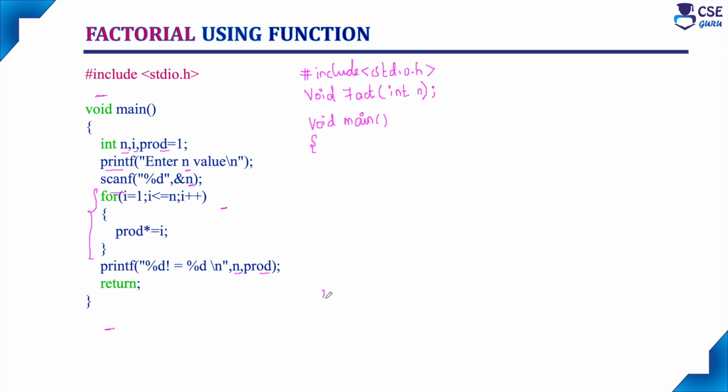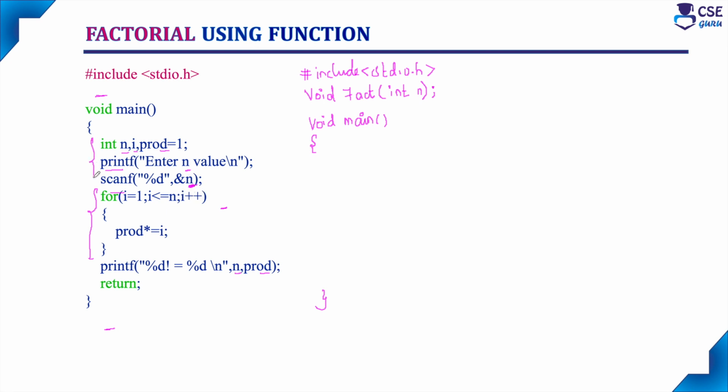Inside the main function, we can declare the code. Here we are going to accept the input within the main function, and the input value we are going to pass as a parameter to the user-defined function.